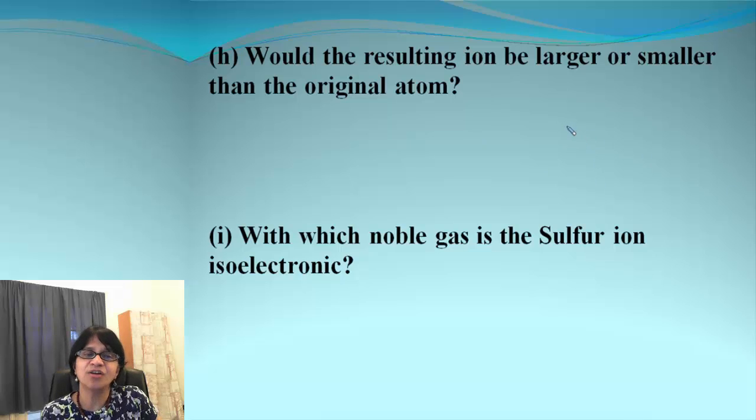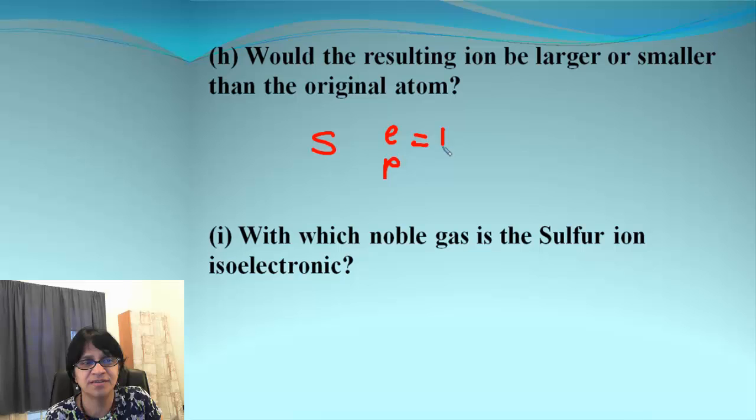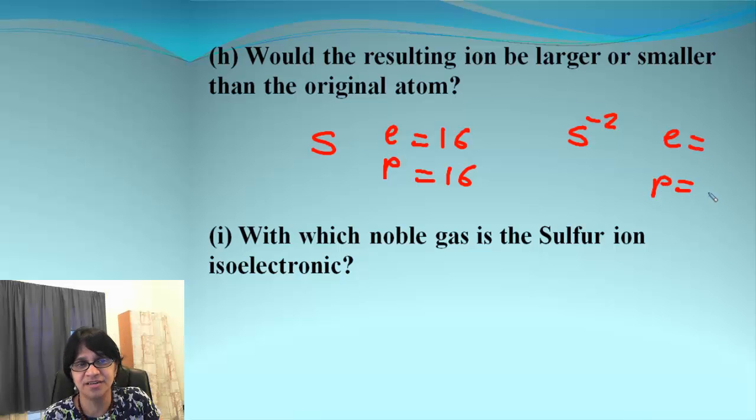This is an interesting question. Would the resulting ion be larger or smaller than the original atom? Let's see, the sulfur atom will have electrons and protons both 16 and 16, because there is no charge. If it is sulfur with a negative charge, electrons and protons will not be equal. Protons will still be 16, electrons are 18. Protons have positive charge, electrons have negative charge.